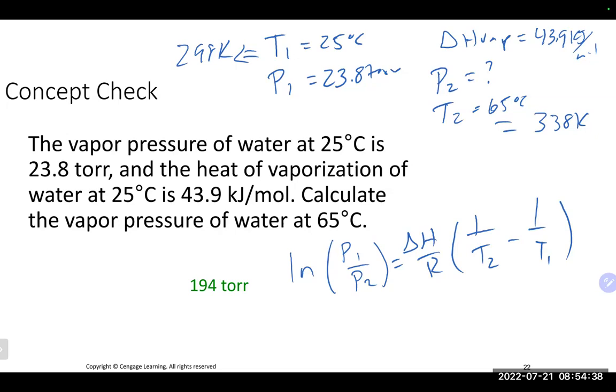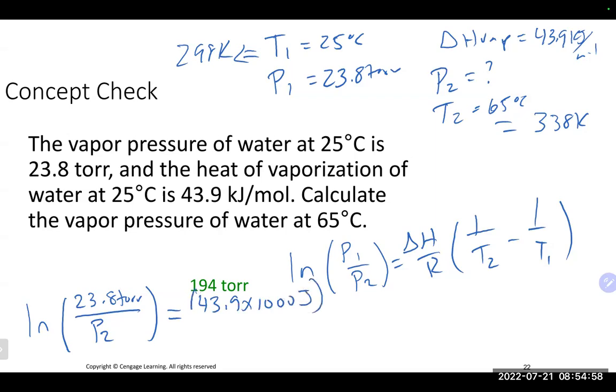So we're going to go with the natural log here of our P1, which is 23.8 torr, divided by our P2, which is what we're looking for, equals 43.9 times 1,000 joules. So you may be asking, why am I multiplying by 1,000? I am multiplying by 1,000 to convert it into joules because the R underneath it is in joules. So it's a very common mistake.